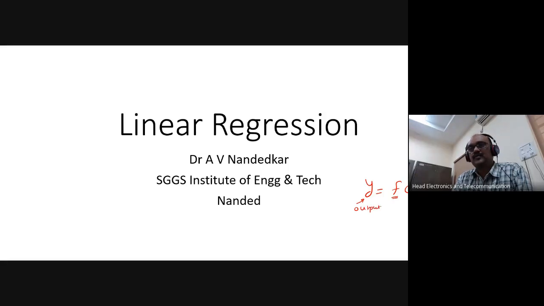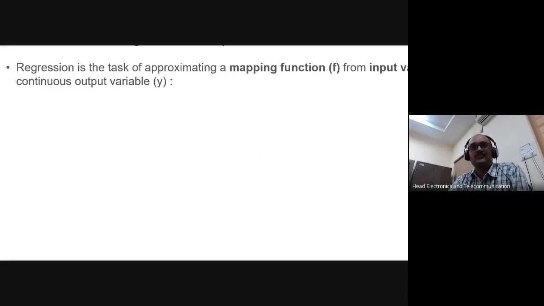If this function f is known, then you can easily find out this value y. This kind of prediction is called regression. Given any value of x, if you are able to find the value of y, then this is something like an estimation.